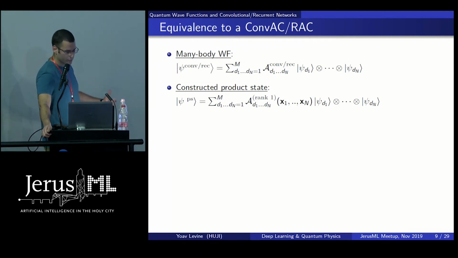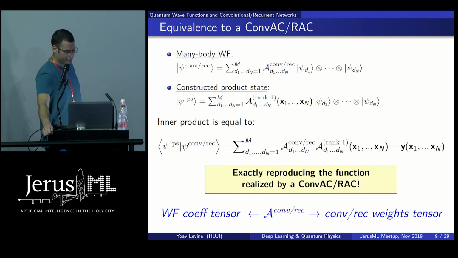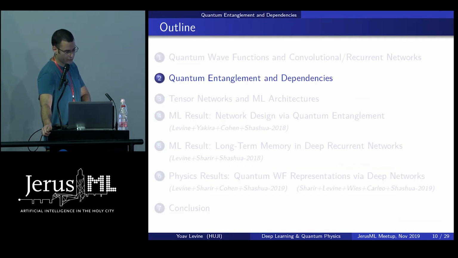And what we do is, by hand, we just define many-body quantum wave functions by these tensors, the convolutional or recurrent weights tensors, to gain an exact equivalence between the function realized by these convnets and RNNs and some inner products between two wave functions, with the coefficients tensor of the wave function being exactly equal to the weights tensor of the convnets and RNNs. So this equivalence will allow us now to transfer tools and results between the two domains in the following way.